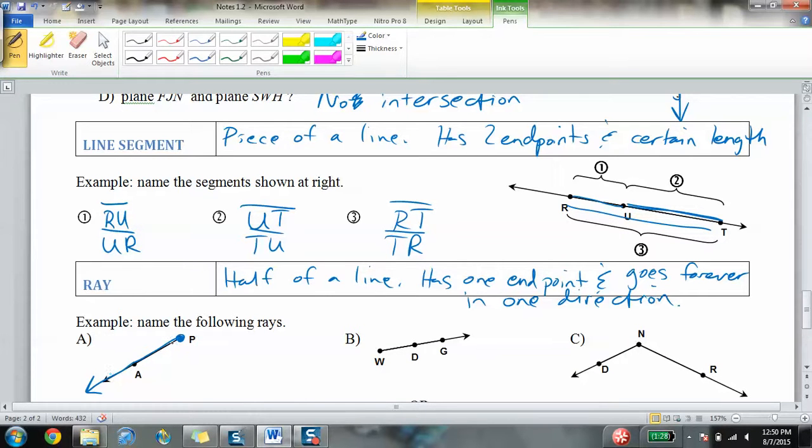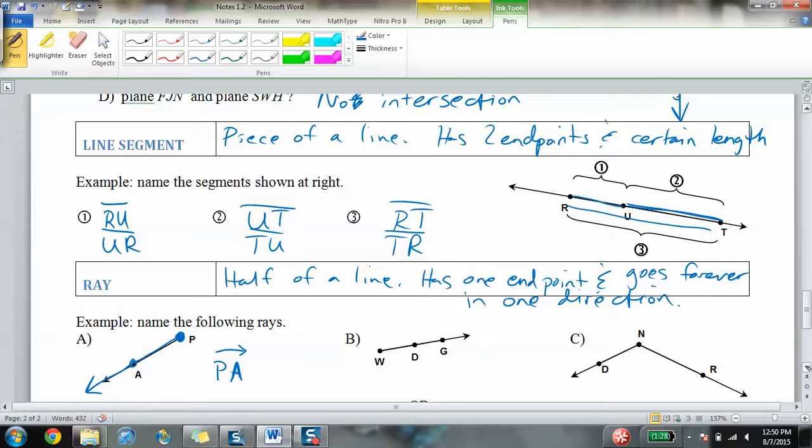So just like a line, we can't measure a ray. It does not have a definite length, but it does have one endpoint, kind of like a line segment. The way we name this is we have to name that endpoint first. So for this ray, I would have to put point P first and then another point on the ray. So I would call this ray PA, and like a line or a line segment, I have to put this symbol above it to tell what I'm talking about. For a ray, we start with a line segment, and then we draw one arrow in the direction that it is continuing.